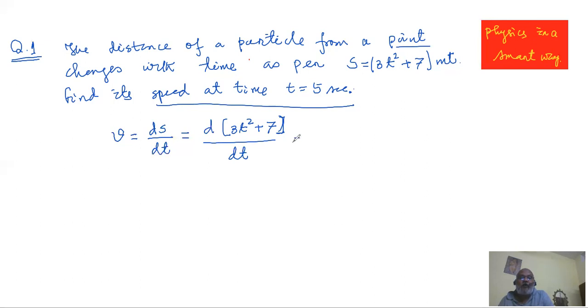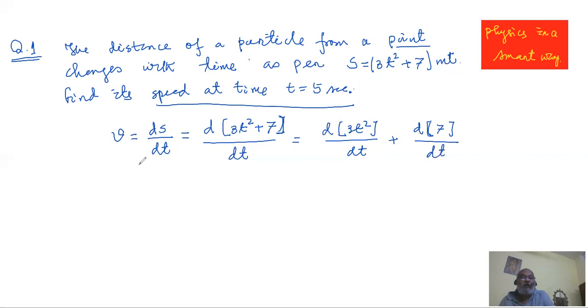So as per the way of differentiation, we can make them separate. So derivative of 3t square plus 7 can be taken as derivative of 3t square with respect to time plus derivative of 7 with respect to time.